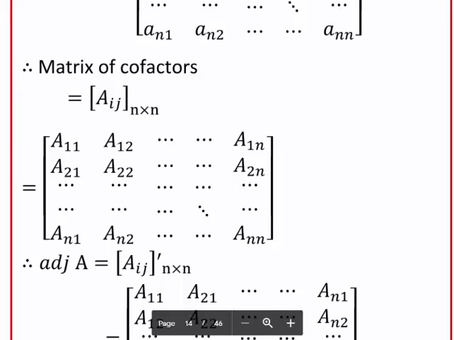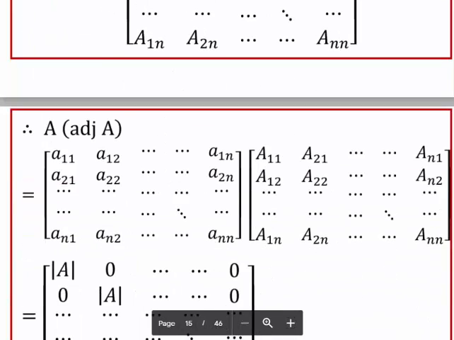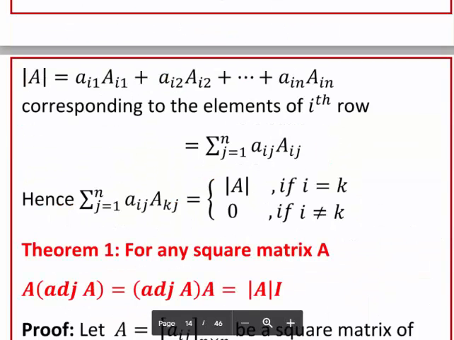This is the cofactor matrix corresponding to matrix A, and taking its transpose we get the adjoint of the given matrix A. And we have to discuss the product of A into adjoint of A. We have to prove that its product is nothing but determinant of A into I. So just simplify this, using this important result.